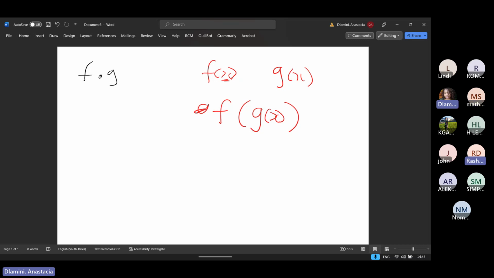I want you to listen carefully. This here is an inside function, G of X, a function that is inside another function. Now listen.